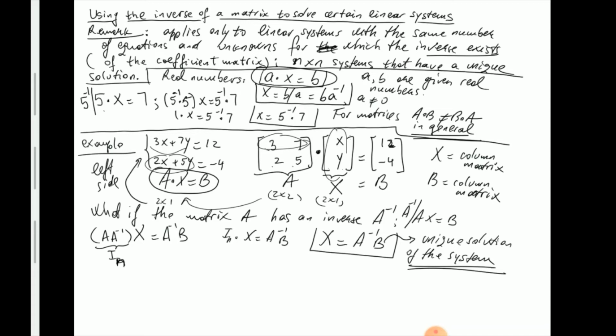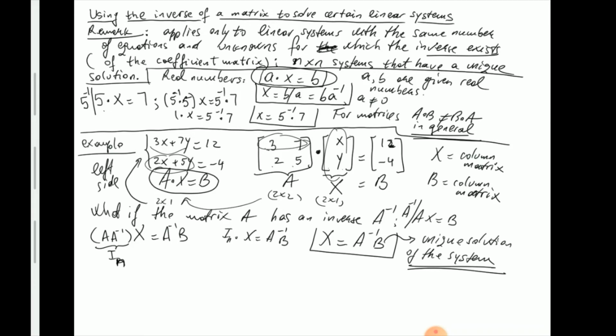If you study linear algebra, that won't be the case in this class, obviously, but you will see that these statements are equivalent. Having a unique solution, the existence of an inverse, there's also something called the determinant, which can characterize this situation. So these situations are equivalent. The fact that you have an inverse is the reason that you have a unique solution, that you can find using that inverse.